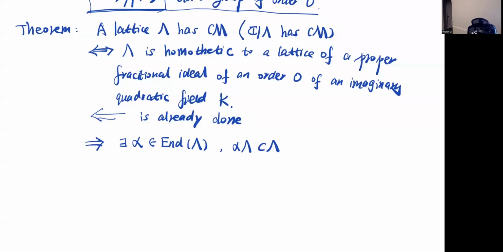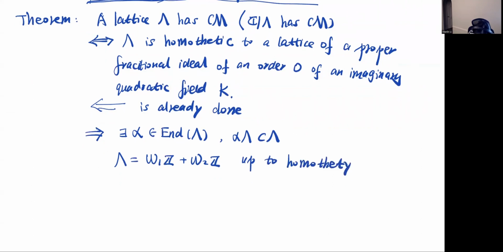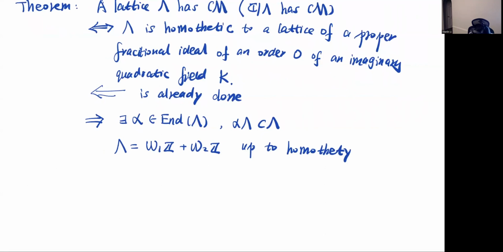First of all, lambda is generated by two elements, omega 1 and omega 2. Then up to homothety, I can divide out omega 1, so we can take omega 1 equal to 1.